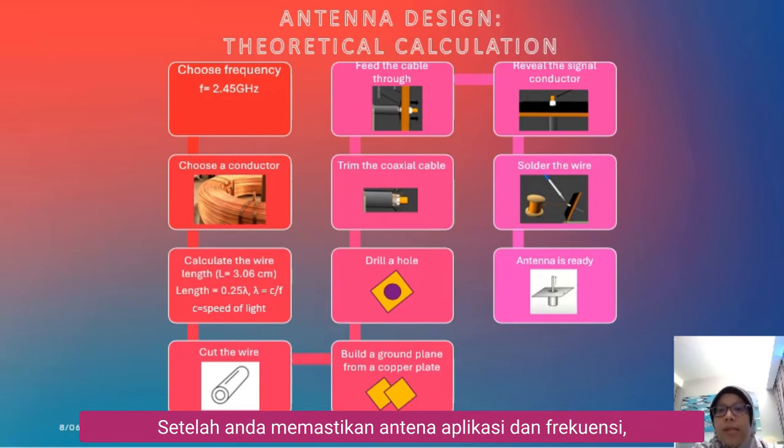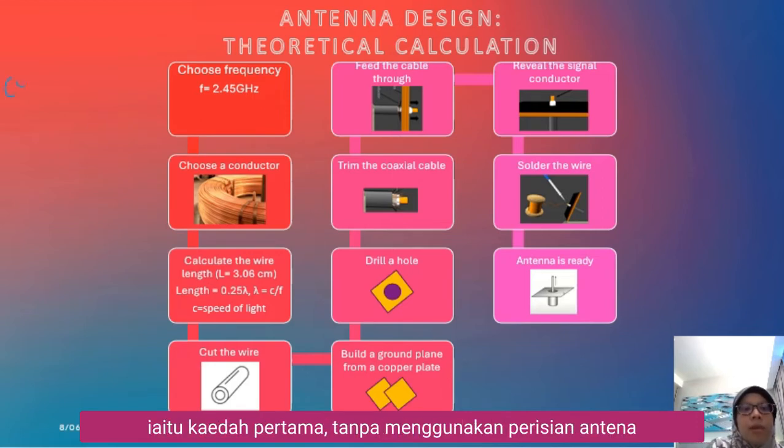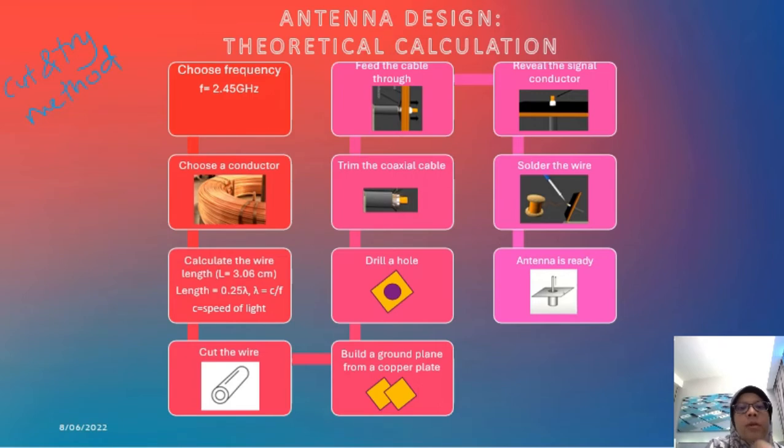So after you already decide which application and which frequency you are going to design your antenna for, you can start to design your antenna. This flow chart shows the antenna design using the cut and try method, the first method, without using software.